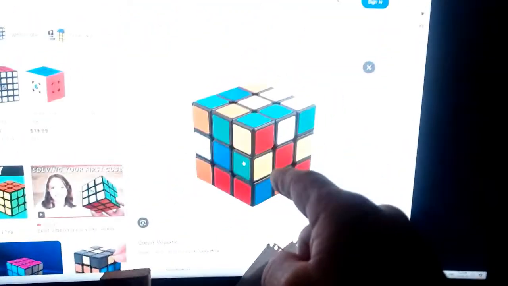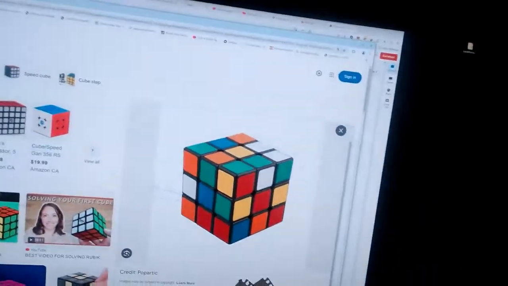So when you look at Rubik's Cube, right, the green, the yellow, and the red are not opposite of each other. The orange and the green don't seem to be opposite of each other. The white and the green are not opposite of each other. All you have to do is take a look. That's the story.